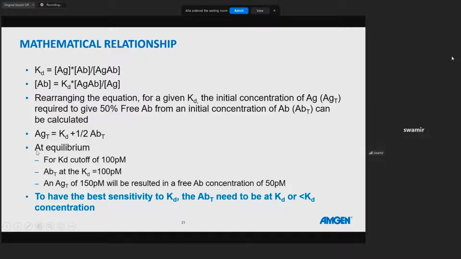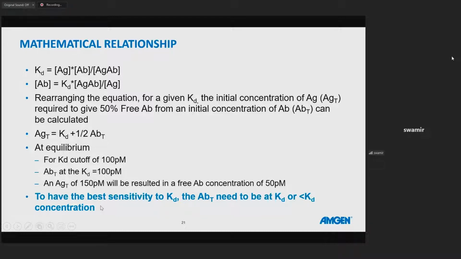So for example, if we need to have a KD cutoff of 100 picomolar, if we equilibrate the antibody with a KD concentration, let's say 100 picomolar, then we need 150 picomolar of initial antigen concentration, so that at equilibrium 50 picomolar of antibody can be present free.